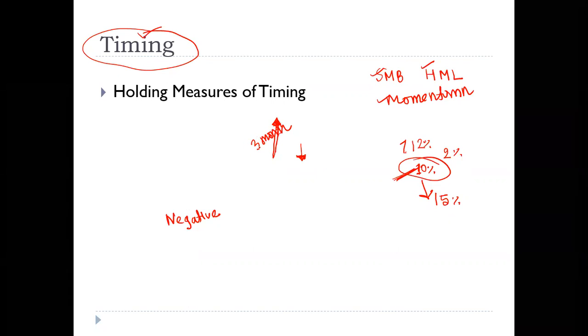What will be your strategy? If you have perfect information that sentiment will continue to go up for 3 months and then go down, what will you try to do?